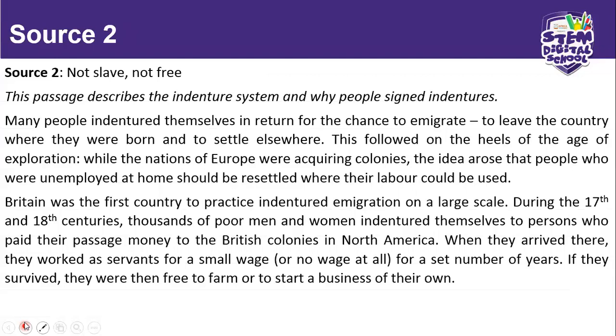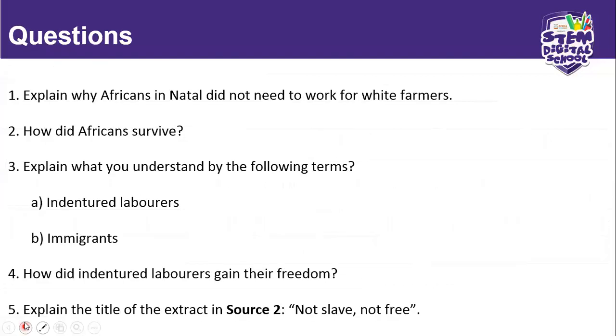So this source is just describing how the indentured laborers were surviving. And then we'll go to the questions.